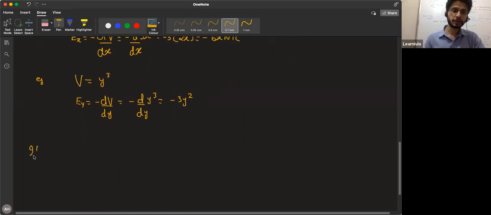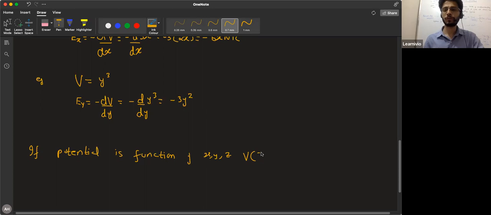But if potential is a function of x, y, and z all, like potential is given in this form, it depends upon x, y, and as well as z.